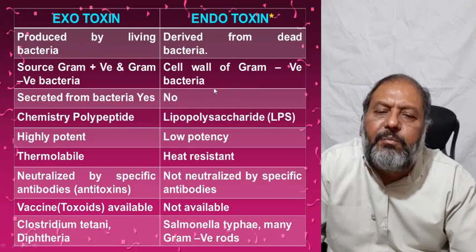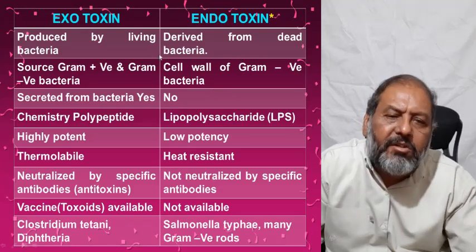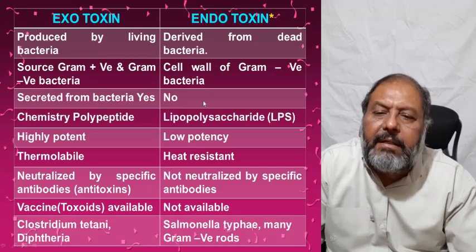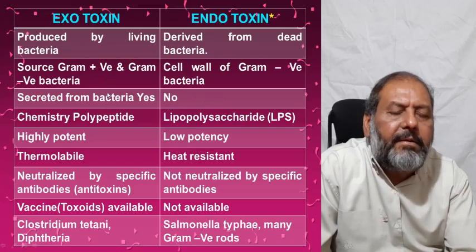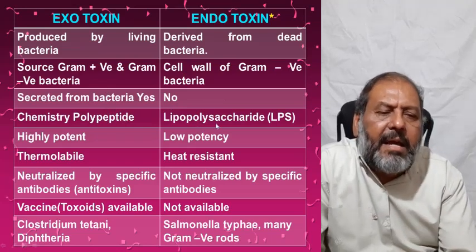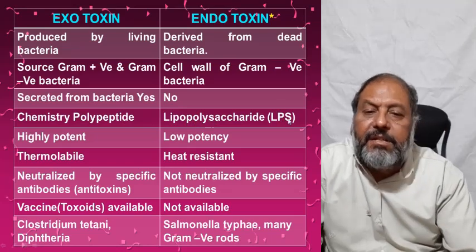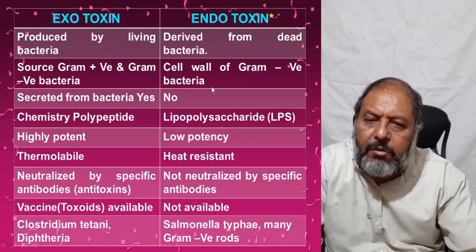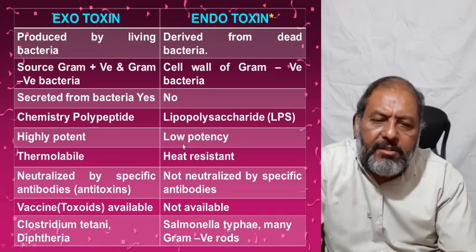Exotoxins are secreted from the bacteria, and endotoxins are not secreted by the bacteria. The chemistry of exotoxin is polypeptide, while in the case of endotoxin it is lipopolysaccharide, abbreviated as LPS. Exotoxins are highly potent and extremely lethal, while endotoxins are less potent.